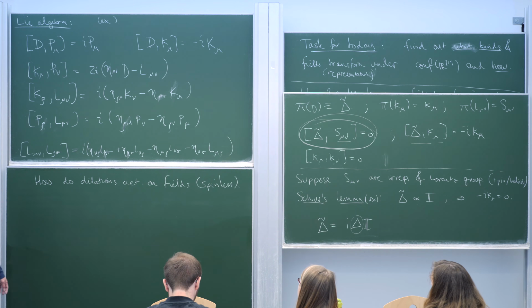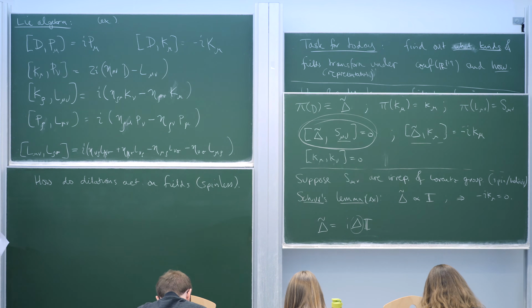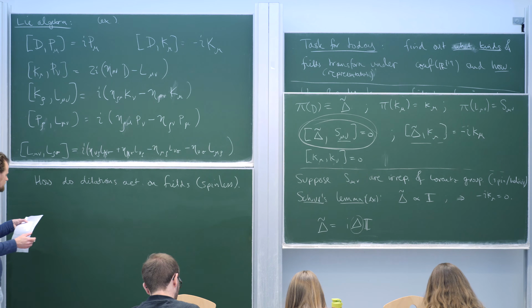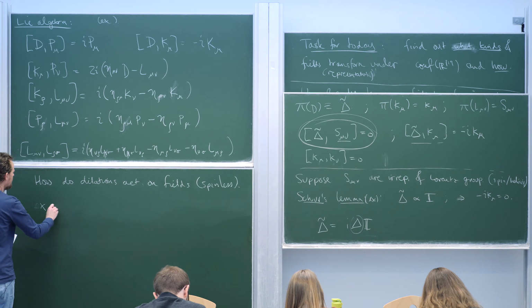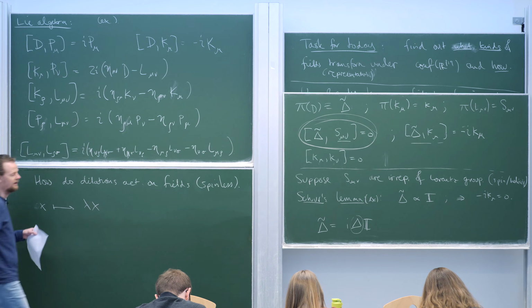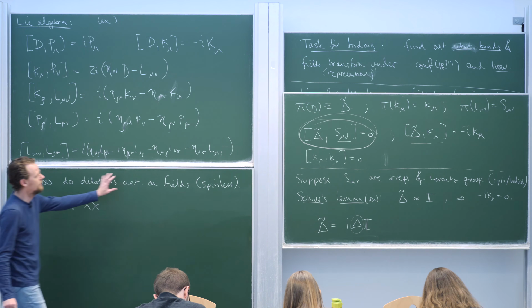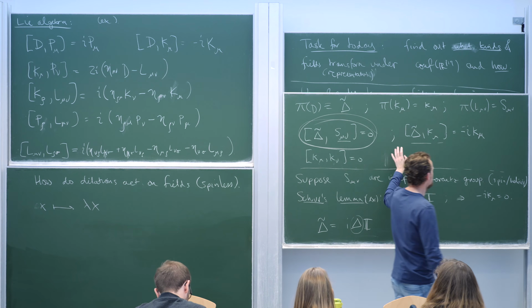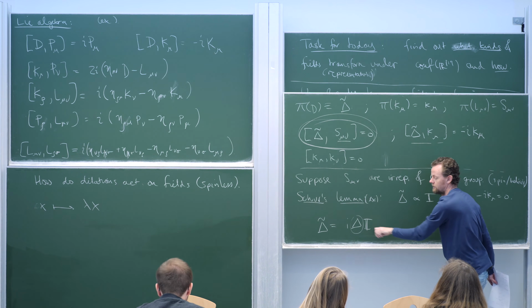It's a bit more complicated when there is spin, but it turns out that the physics we're going to look at in this course will be spinless fields. So we're looking at x gets mapped to lambda x. That's the full conformal transformation corresponding to dilation. And what we've learned is that if you have a spinless field, or even a spin-full field, that delta twiddle equals i delta times the identity.